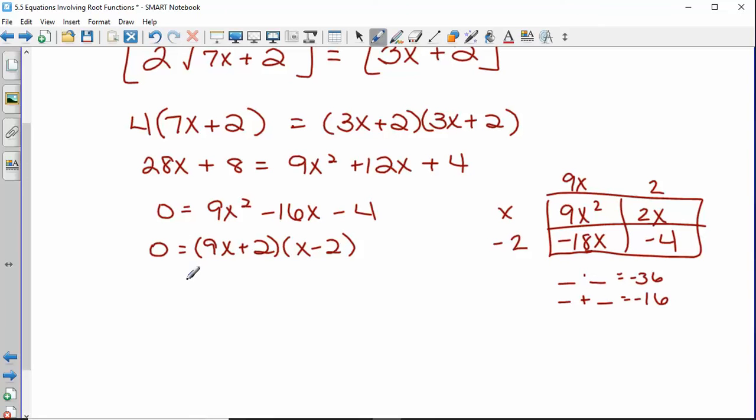Right, set each of those to 0. We get a negative 2 over 9, and positive 2.